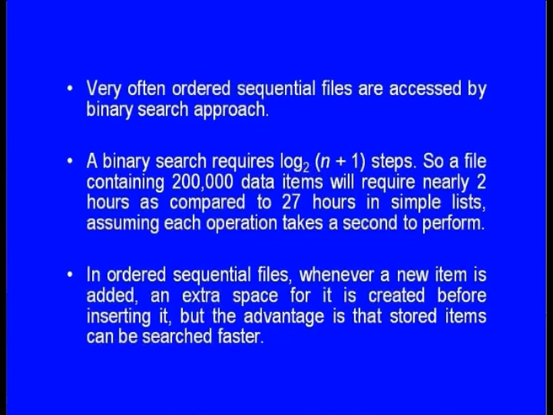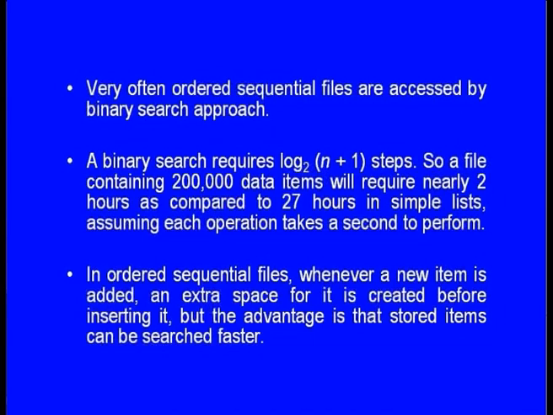Very often, ordered sequential files are accessed by a binary search approach. A binary search requires log to the base 2 of n plus 1 steps. So, a file containing 200,000 data items will require nearly 2 hours compared to 27 hours in simple list, assuming each operation takes 1 second to perform.